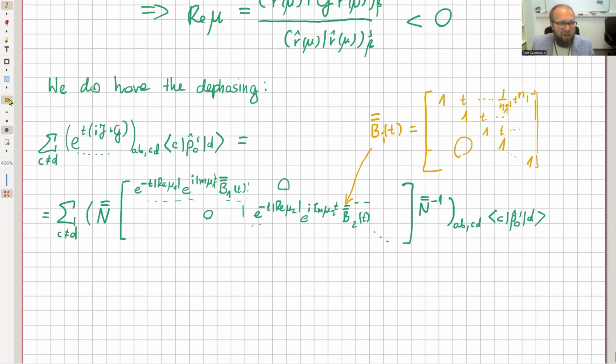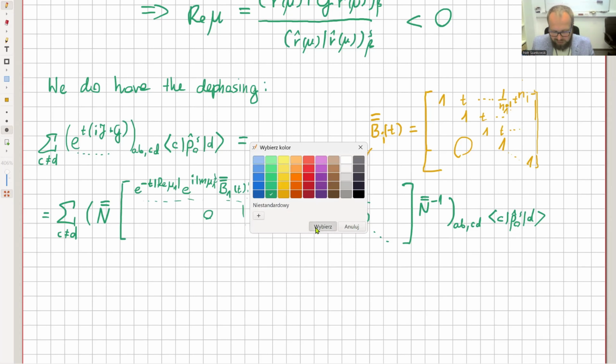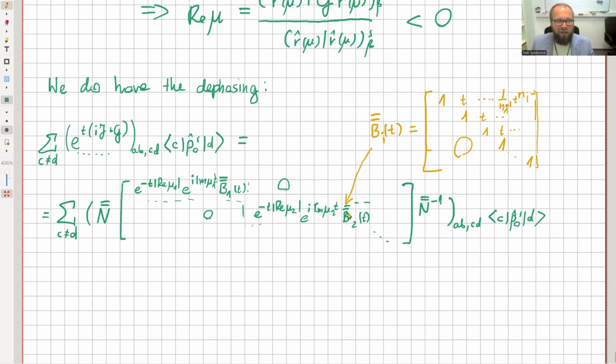And if your eigenvalue is not defective, then this B_i(t) is just the identity, and everything simplifies.